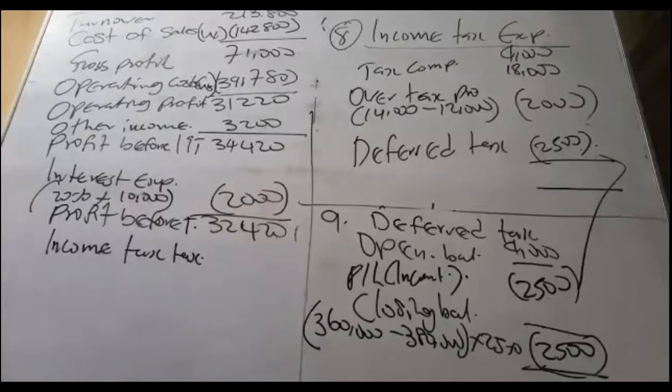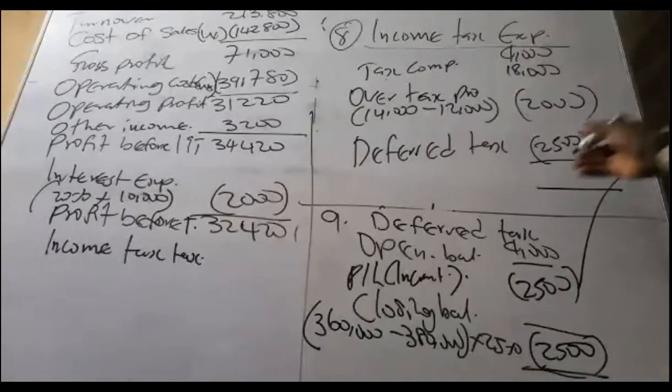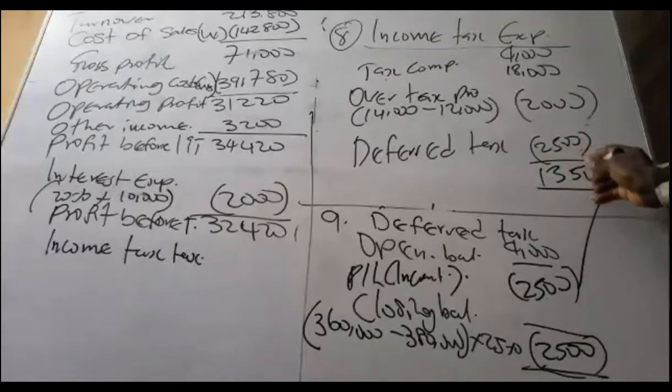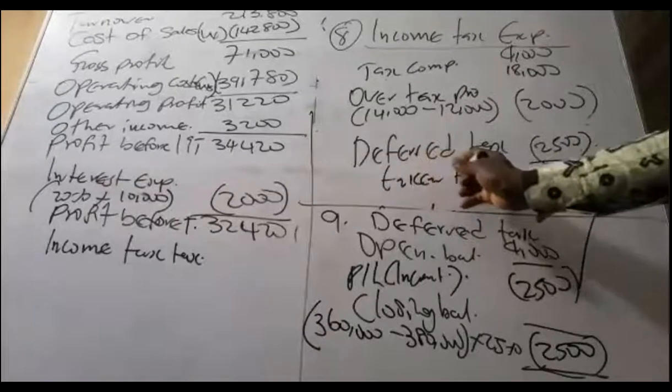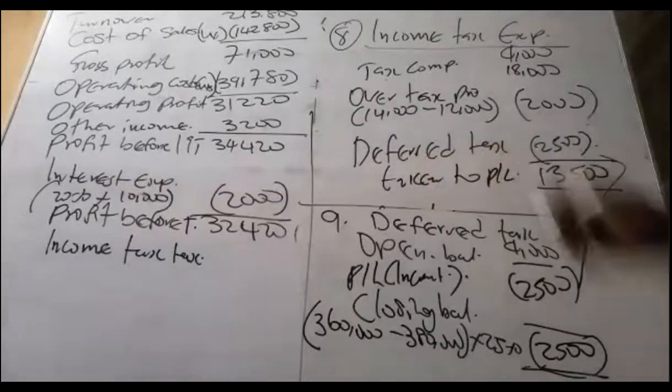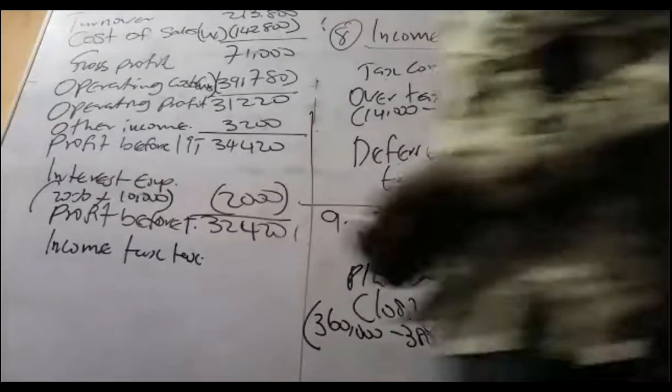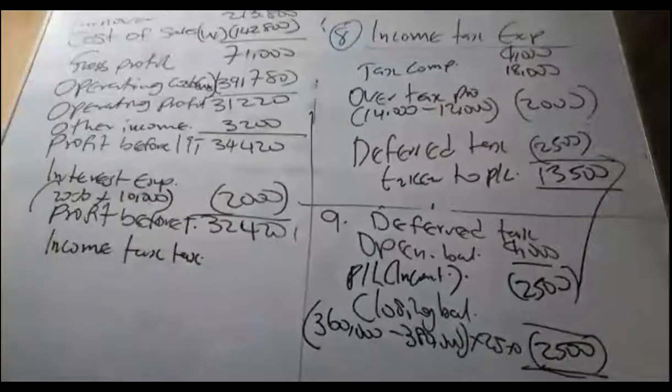Agreed. It will be 13,500. Good. So this one is taken to where? P&L as the income tax expense. We are done.